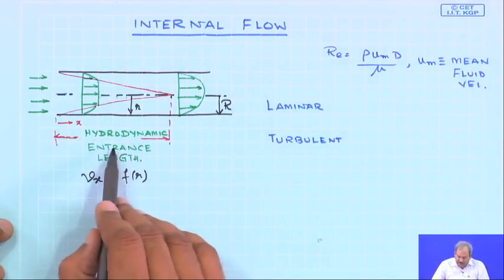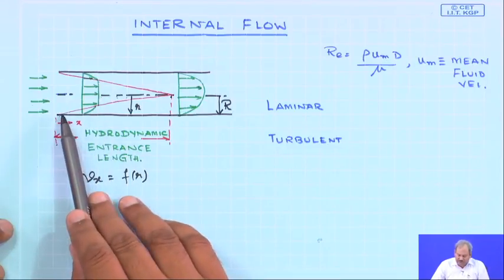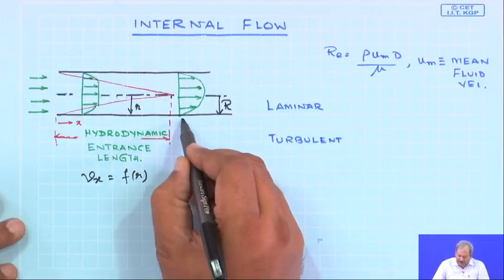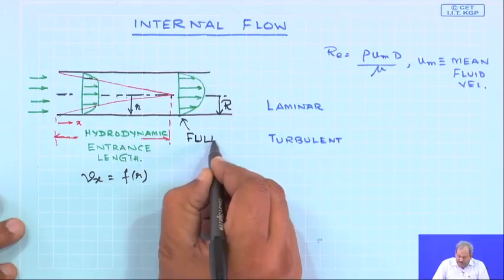This hydrodynamic entrance length is very important, because once you cross it, from that point it is called fully developed flow.